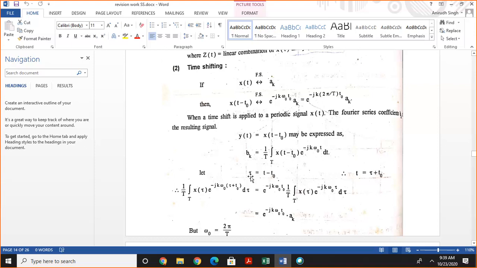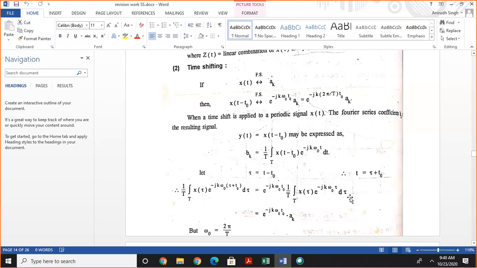Time shifting. This is the Fourier series, and if you have to find the Fourier series of x of t minus t naught, then substitute y of t equal to this, and find the Fourier series of y of t.